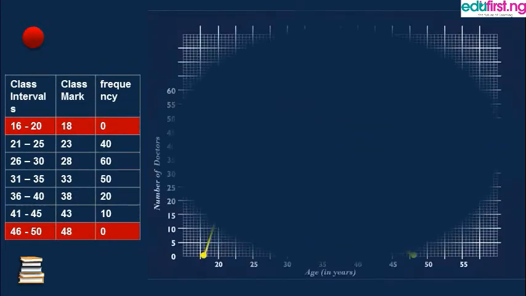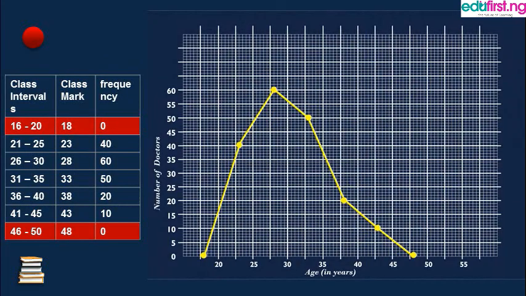So I've been able to plot the graph to make it easier for you. We have to plot frequency against class mark. So the frequency is the vertical axis, while the class mark is the horizontal axis.